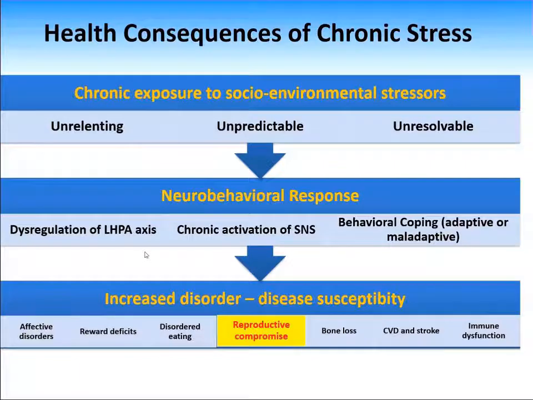So in terms of understanding the hypothalamic pituitary gonadal axis, it's important to understand that it's just one of the manifestations of stress. So what is stress? People have often sort of said, well, it's impossible to define, but actually we can make models in the lab for understanding stress, and stressors roughly break into unrelenting, unpredictable, and unresolvable.